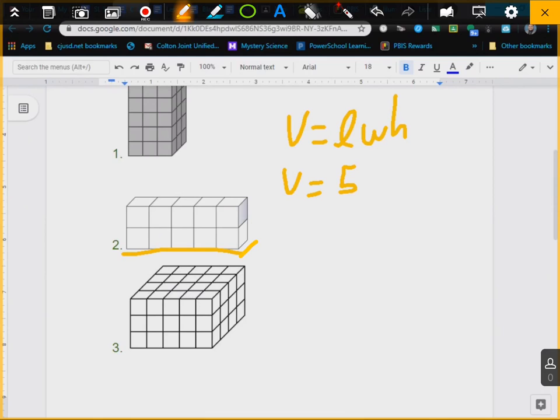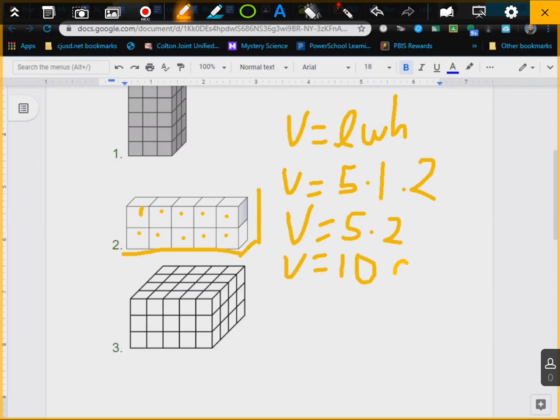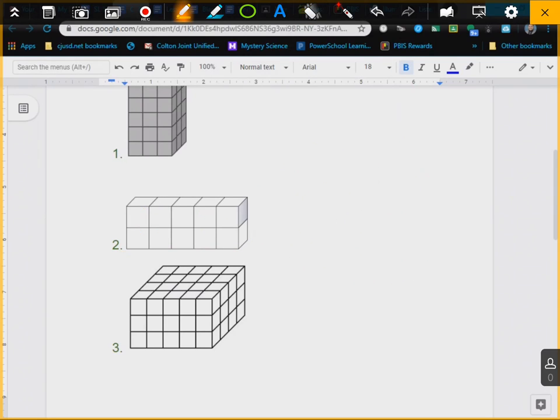The width is going to be 1. And the height is going to be 2. So it's going to be 5 times 1, which is 5, times 2. 5 times 2 is 10. So in this case, it was easier to just count it and know that it's 10 cubic units. But when we get to ones like number 1 and number 3, counting it might be a little difficult, especially since you don't see them all.